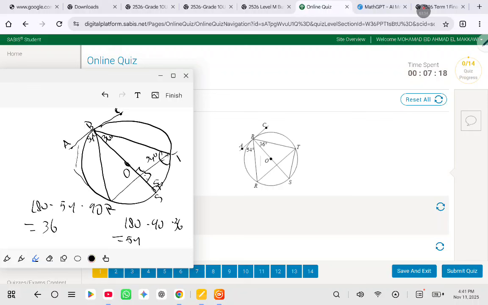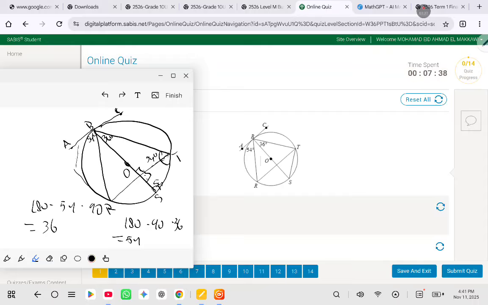Another way of doing it, guys, is this line is a straight line, so this would be 90. This all would be 90, but I think that what I just did is a better way of doing it.